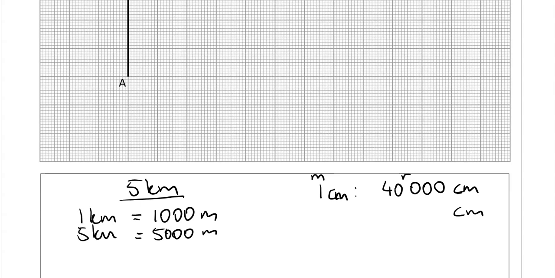Now to centimeters. 1 meter is equal to 100 centimeters, so 5,000 meters will be equal to 500,000 centimeters.